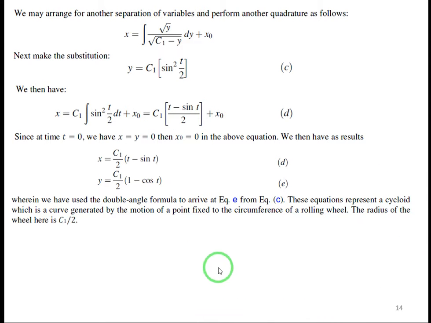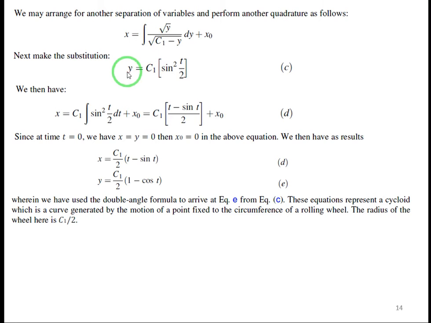And then if we rewrite the equation, we have the following equation: x is equal to the integral of these equations plus x0. We can integrate these equations by a change of parameters.